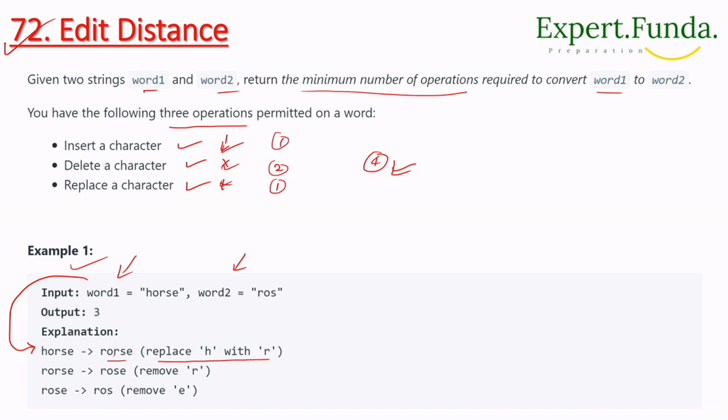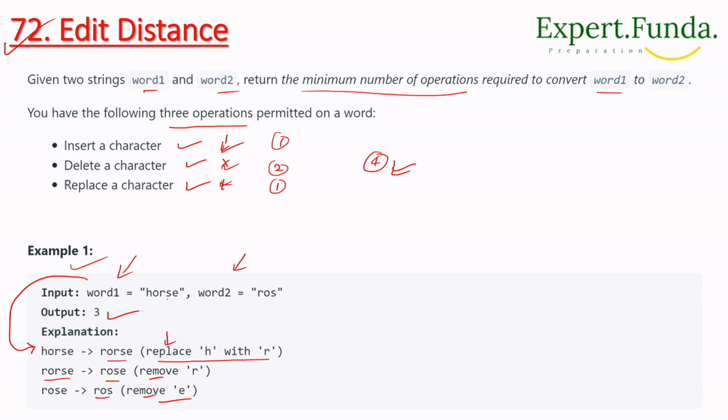Now we remove r from here, and it becomes rose. Now from rose we remove e, so it becomes ros. So finally, we first called replace, then remove and remove. Two times remove, one time replace, total three operations applied, so we return three as the output.